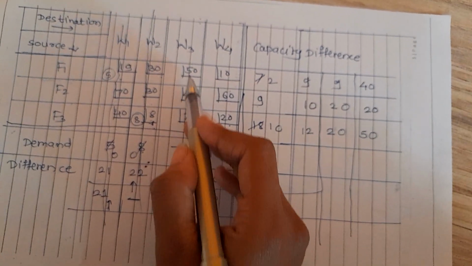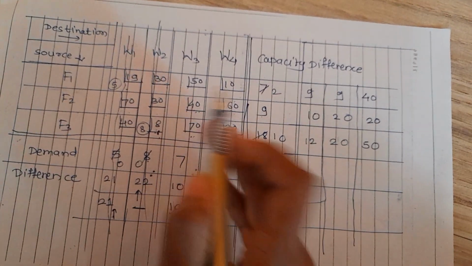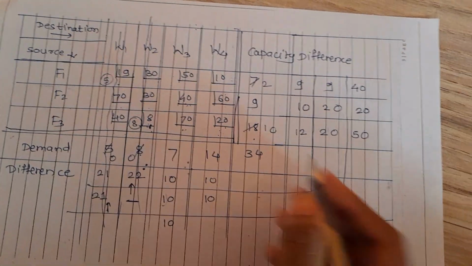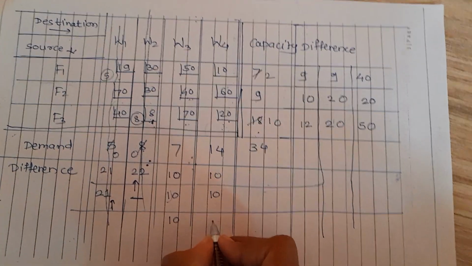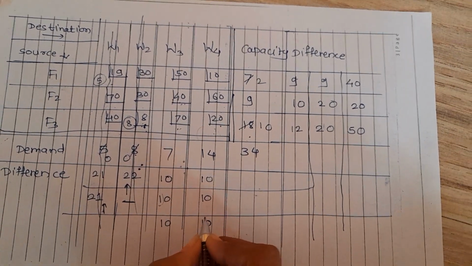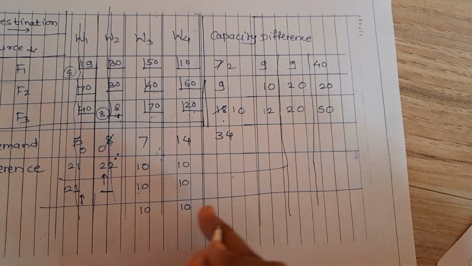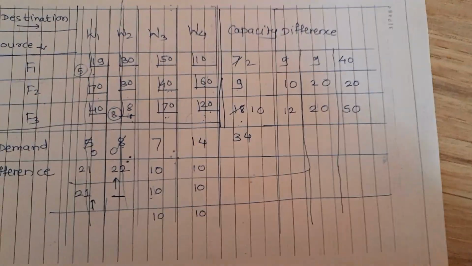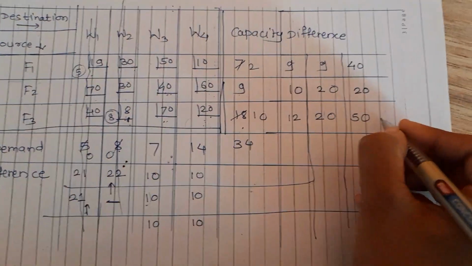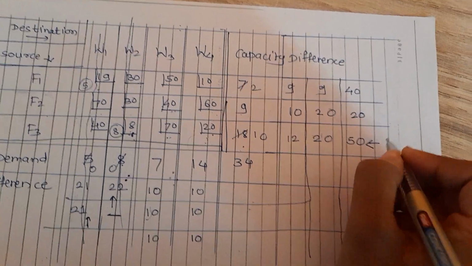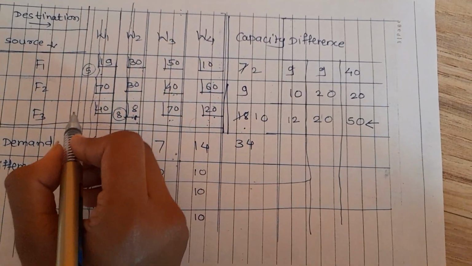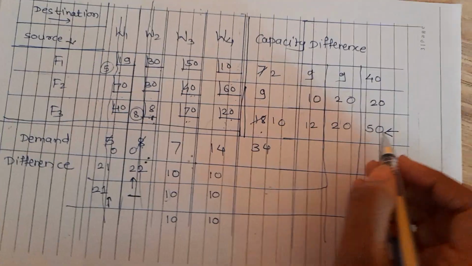Now in the column 50, 40, 70, the minimum values are 50 and 40, the difference is 10. Again see all differences: 10, 10, 50, 20 and 40. Which difference is largest? 50 is the largest, therefore in the next step this row takes the allocation.